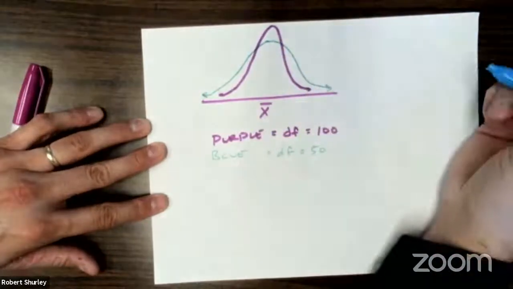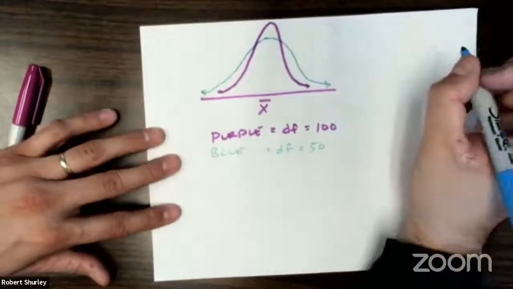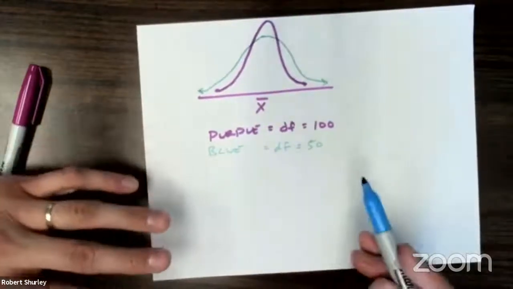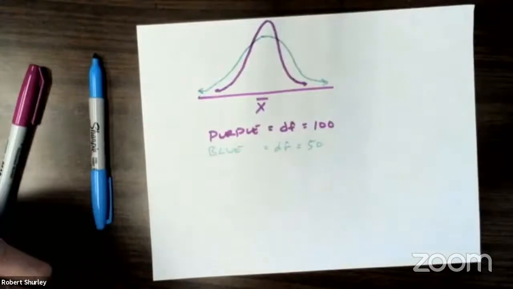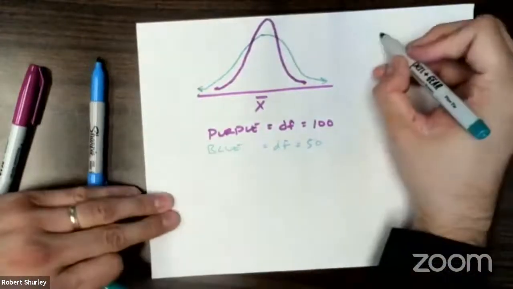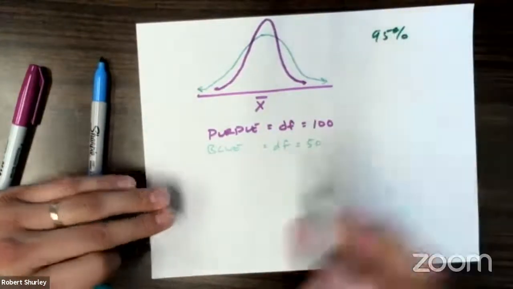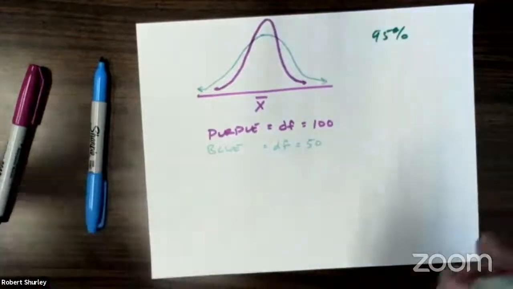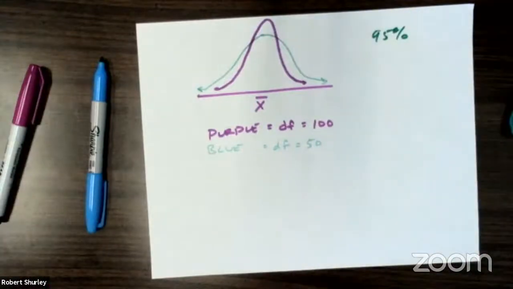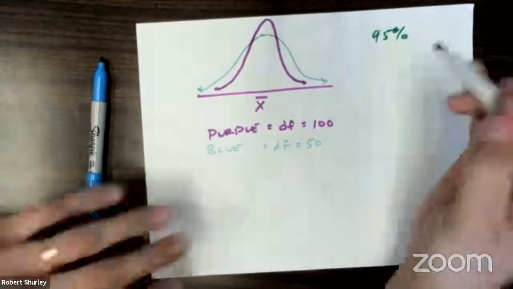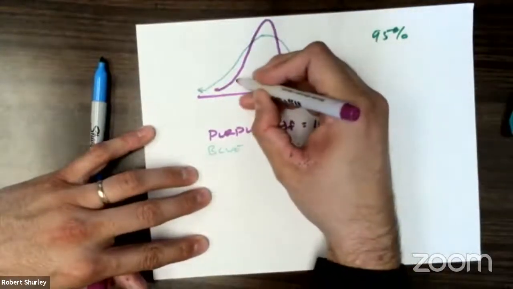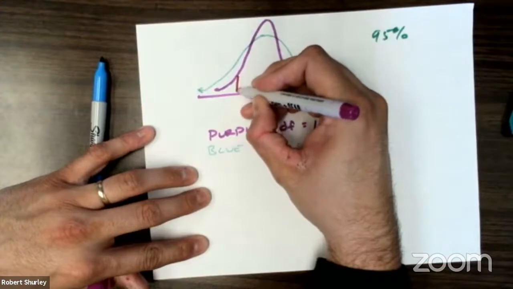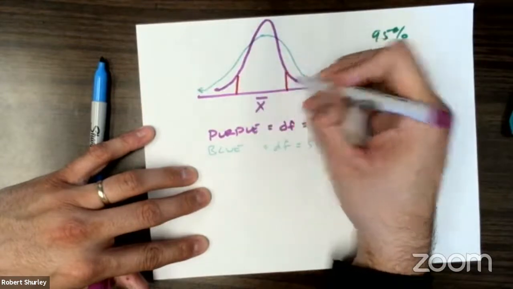And when that happens, let's say I'm looking at a 95% confidence interval. So I want a 95% chance of catching this mu, right? Well, 95% of our data here, I mean, it might be from here to here, right? For that purple.